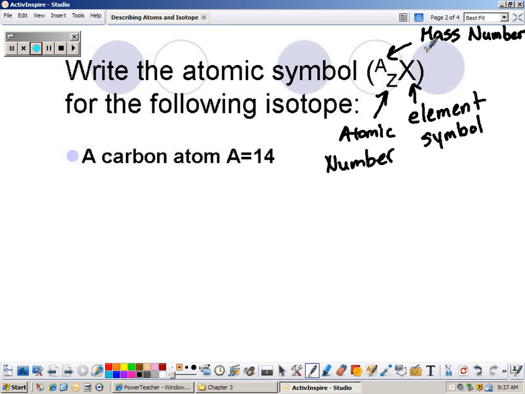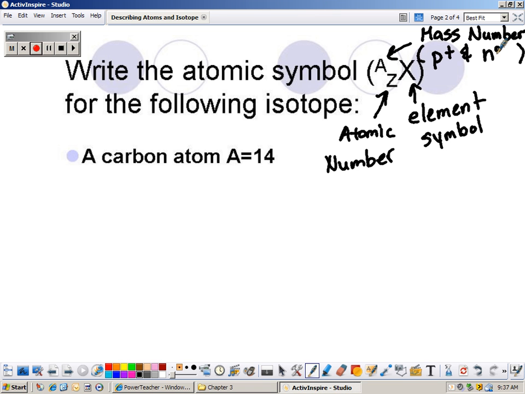The mass number is basically the mass of one atom of that element. All of the mass of an atom comes from the protons and the neutrons, so the mass number gives you the protons and the neutrons.